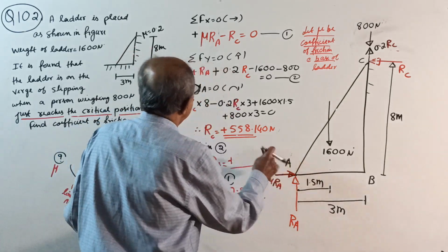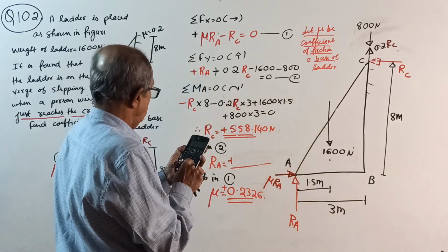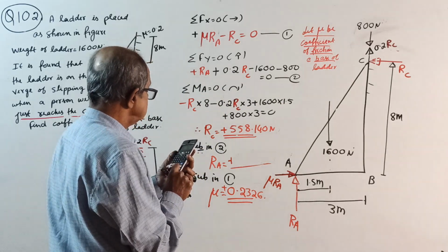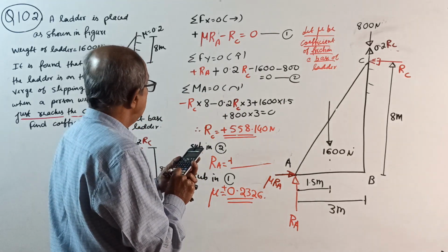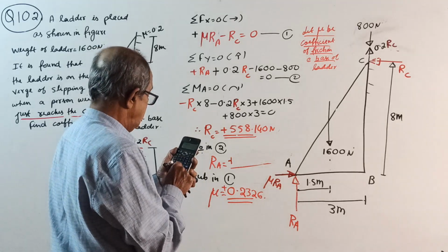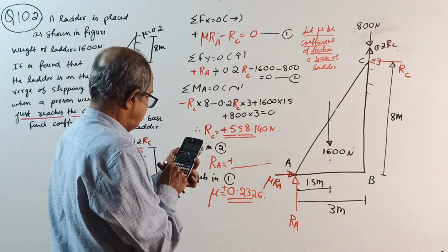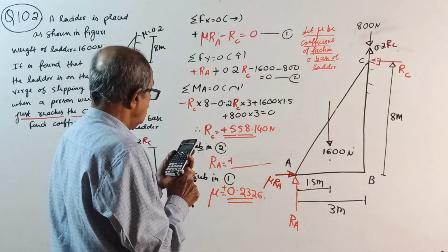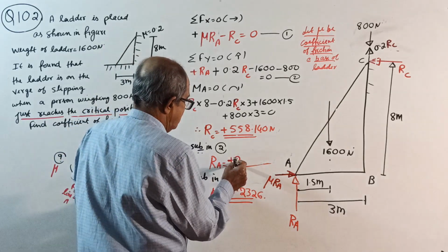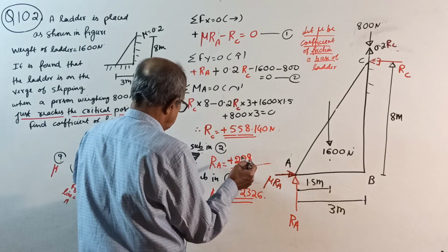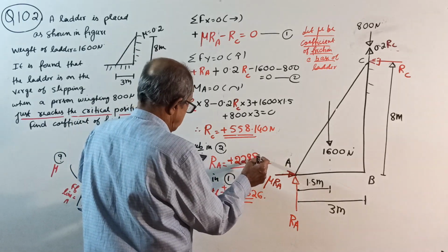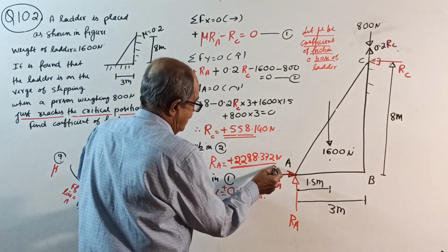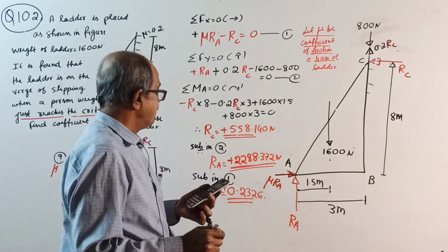Substitute here: 0.2 into 558.140, that is 0.2 into minus 1, plus 1600 plus 800. RA is 2288.22. If by chance I make any calculation mistake, you should not make an issue of it. You have come here for learning, not for commenting.